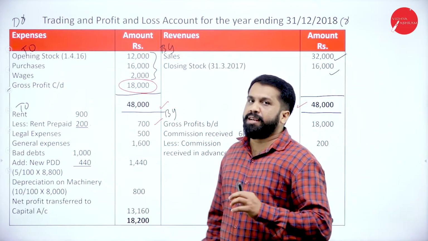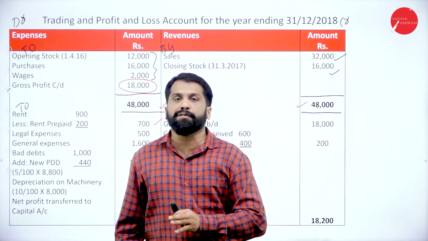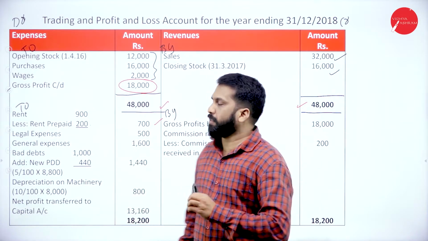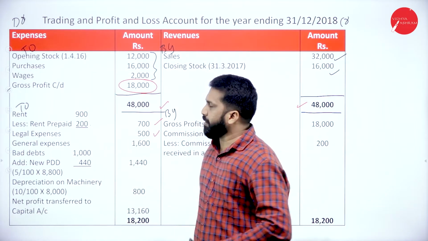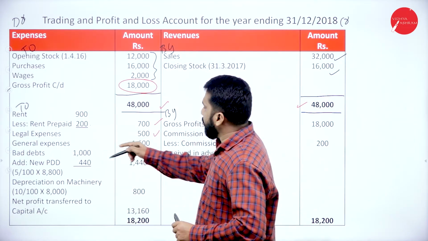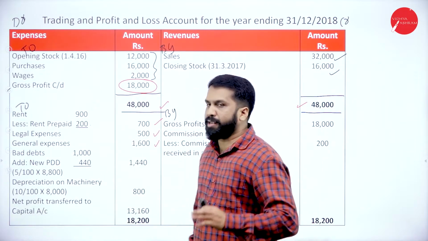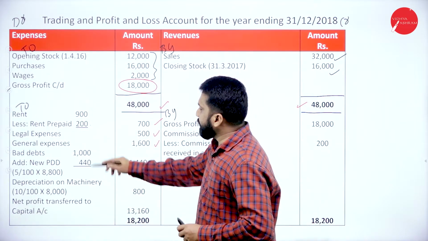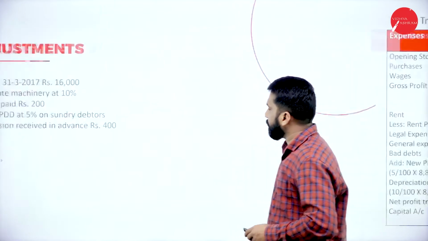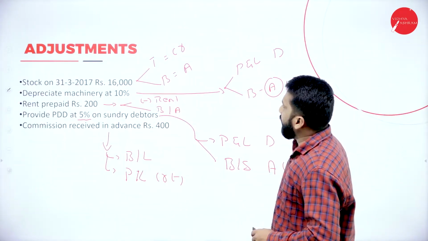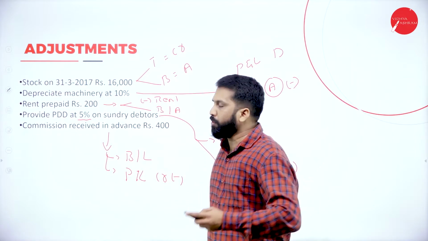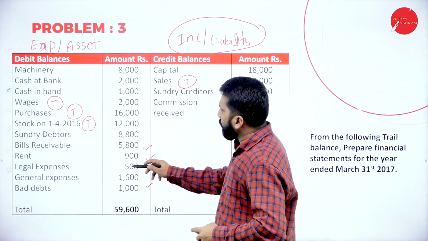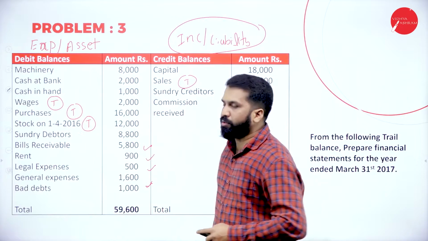In this question, they have not given any information about outstanding. Now, this is done. Legal expenses 500, it is over. General expenses 1,600, we have taken. Bad debts, I'll go back to this. They have given 5% on debtors. Along with that, in the question they have given 1,000 bad debts.